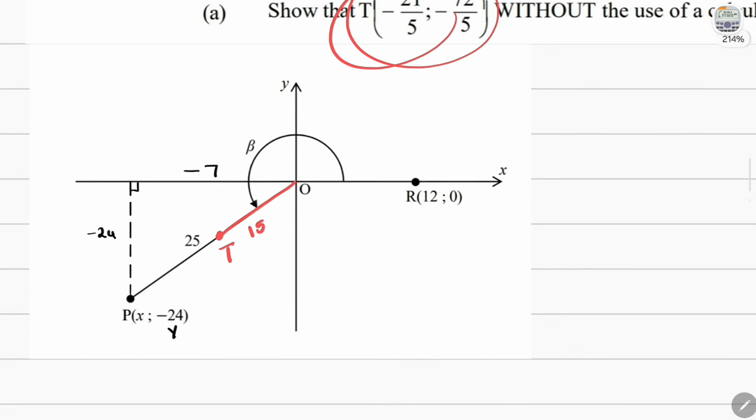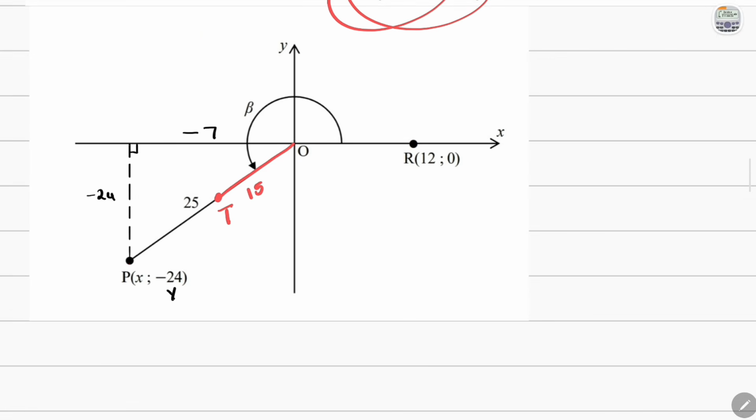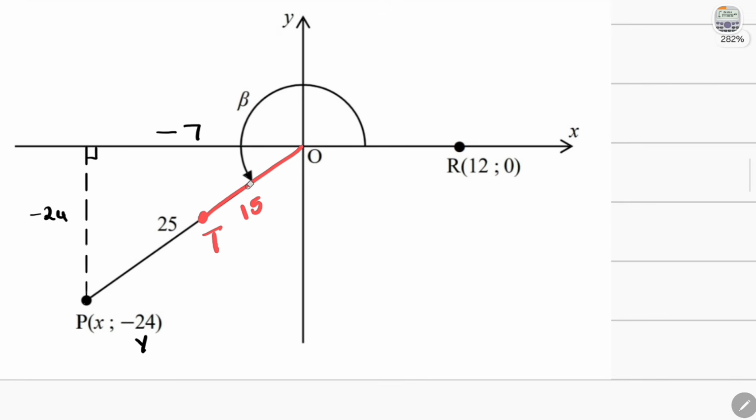So here's the thing. Yes, they give you a new point, but this point still lies on OP. Because this is the radius of this new diagram we're going to draw, beta would still be the exact same size.